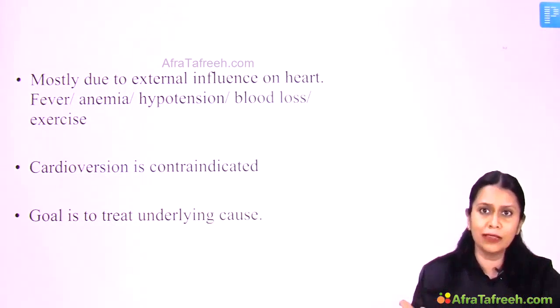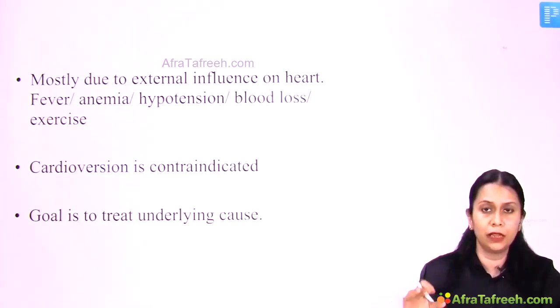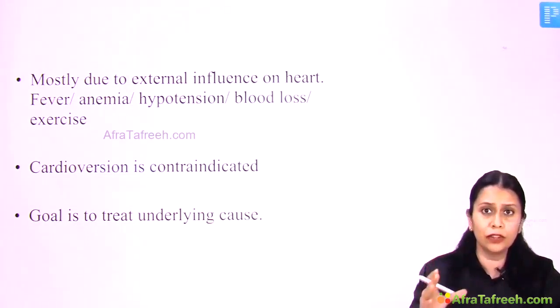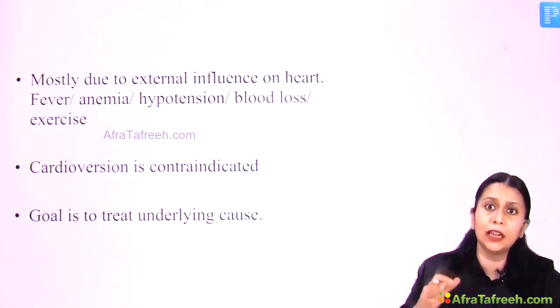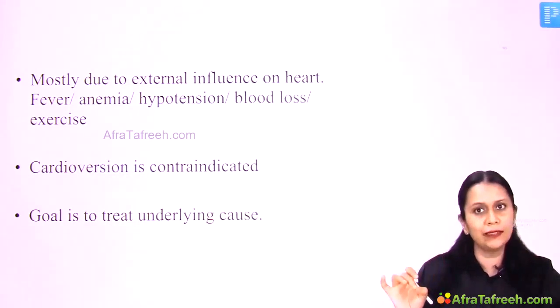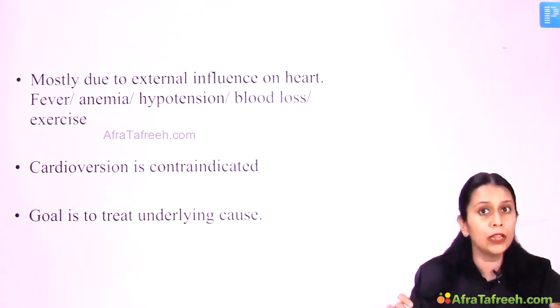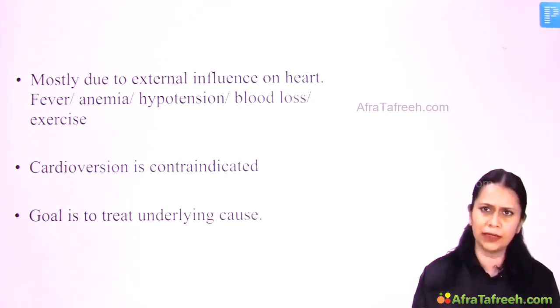These can cause sinus tachycardia, and we never cardiovert it, because when we try to cardiovert, the sinus tachycardia would rather increase than decrease. Our goal in sinus tachycardia is to treat the underlying cause, not the sinus tachycardia. Okay, so this is about sinus tachycardia.